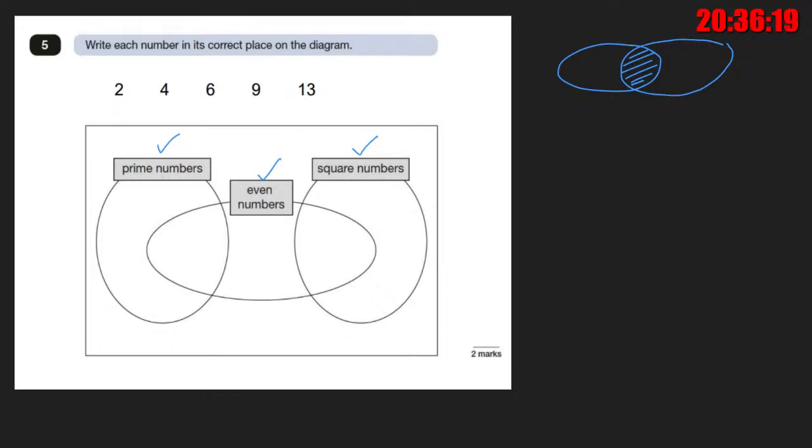The even prime number is 2. The even square number is 4. 9 is a square number, but it is not an even number. The prime number is 13, we can put the 13. And now the even number 6 comes in the middle. That is the answer for question number 5.